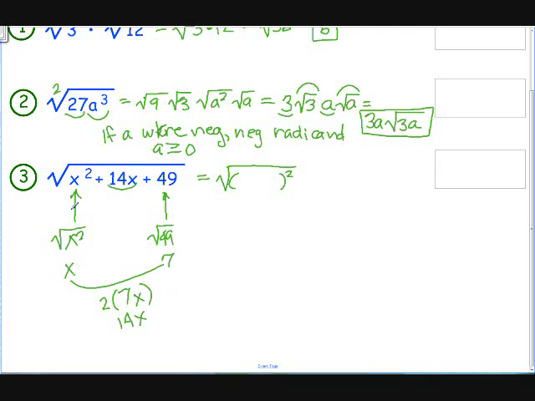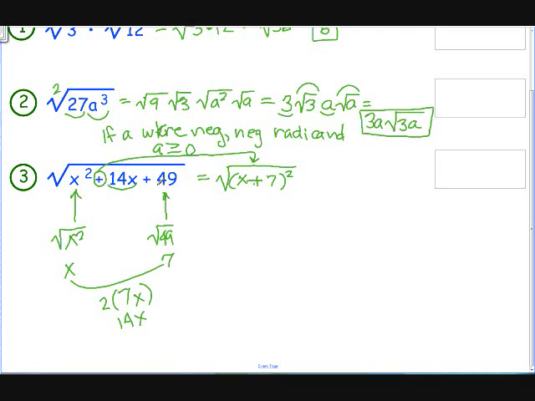Let's take the square root of x squared. That becomes the first term in our binomial squared. Square root of 49, which is 7. And then to know the sign we're going to use, we always go to the same place, right here. We're going to use a positive. Now we're in good shape.